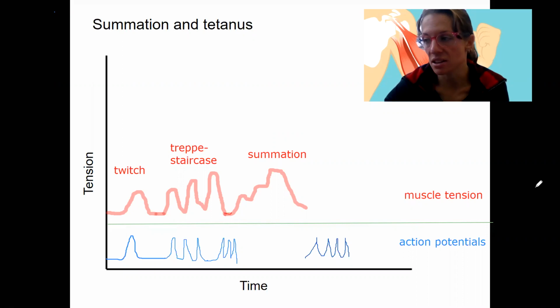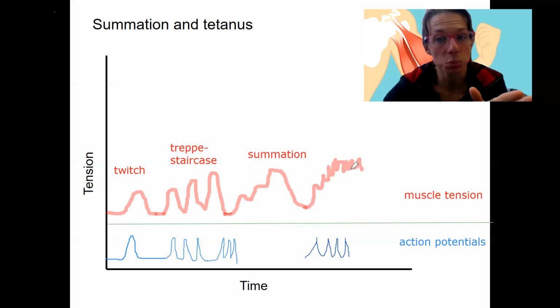So tetanus is where, again, subsequent stimuli are occurring before relaxation can occur, to the point where the maximum force in the muscle is generated. So what this is going to look like is summation, summation, summation, summation, and we might be up here at the top, up and down like this. It's incomplete because we're still going up and down.